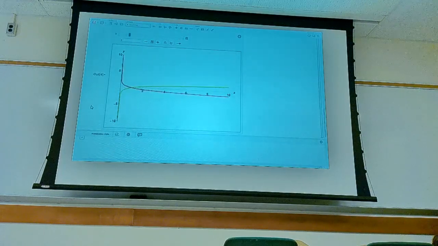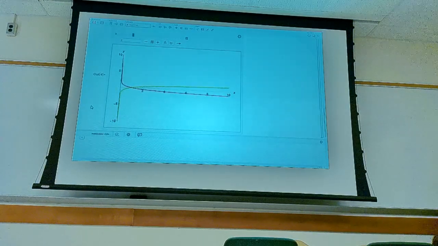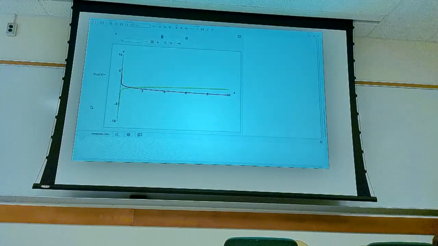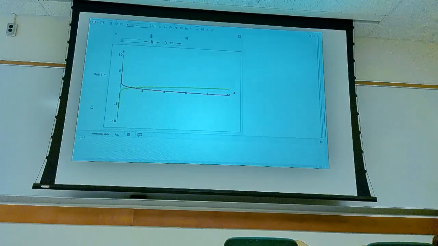Again, using this information, do we have an asymptote? Yeah. What is it? Zero. Can't just say 0. Asymptotes are lines.